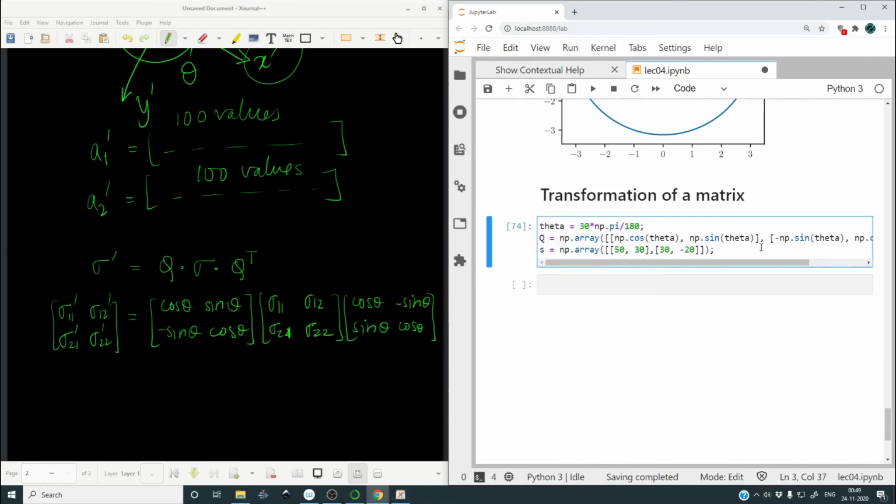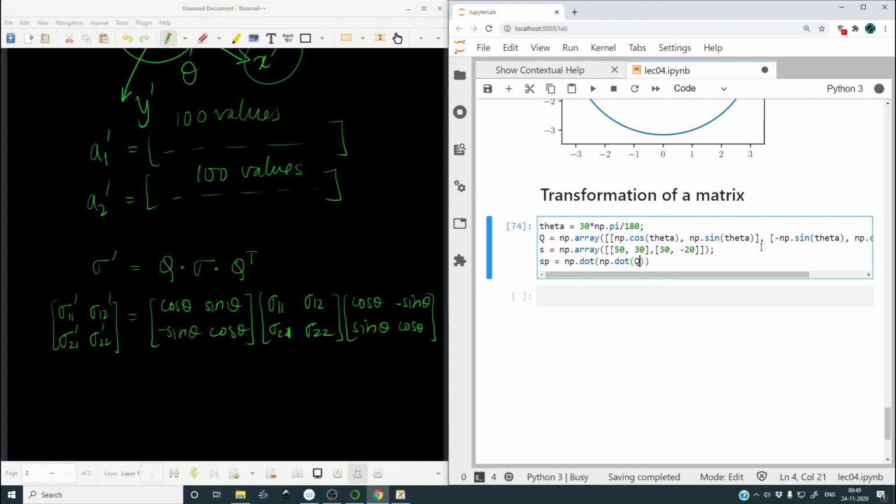So now with the help of this, we can find out the transformed entity. Let the transformed matrix be SP. So it will be np dot dot, and this will be np dot dot again.